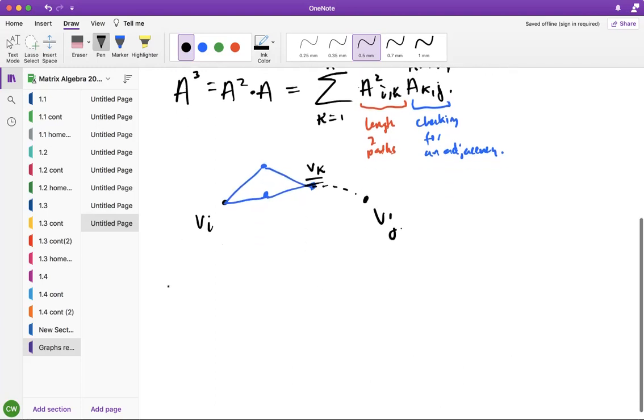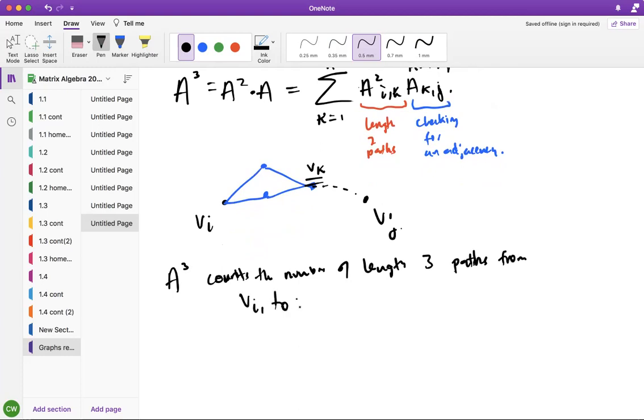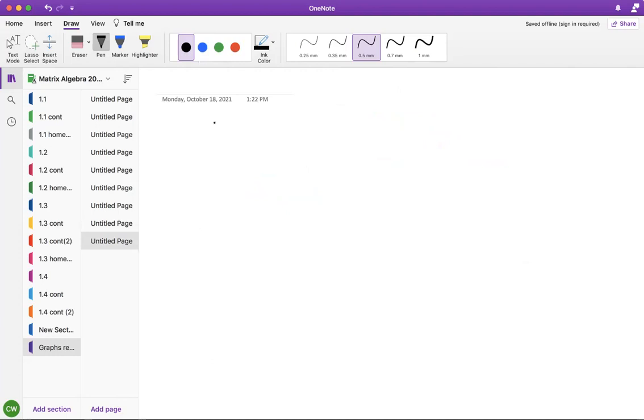So A cubed counts the number of length 3 paths from Vi to Vj. Okay, so let me do an example, maybe lower dimension.